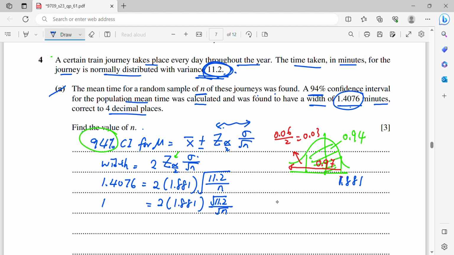Okay, so it will be 1.4076. Now to get n, because the question asks for n, the whole square root n will be moved to the left hand side, and the 1.4076 will be moved down. So I will get 2 times 1.881 times the square root of 11.2, over 1.4076.